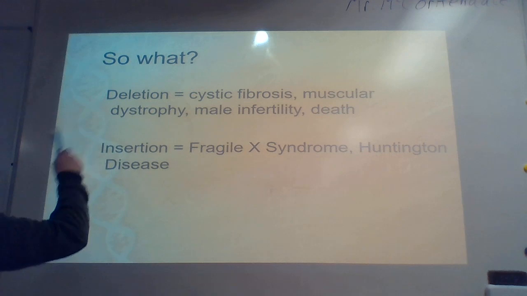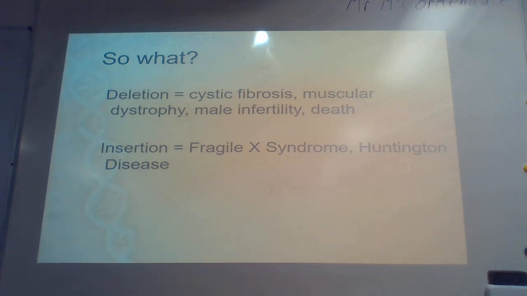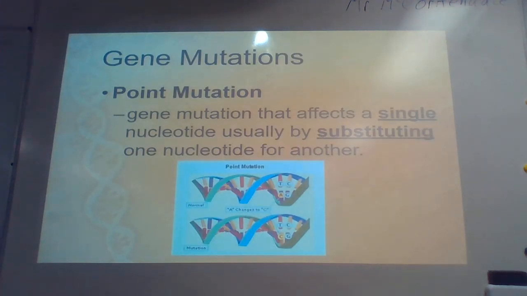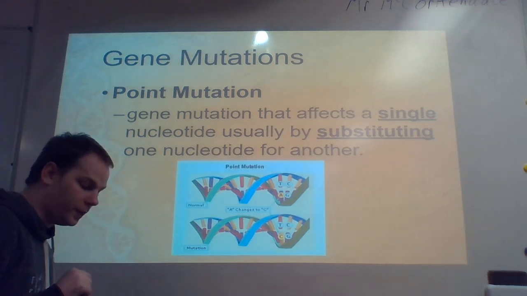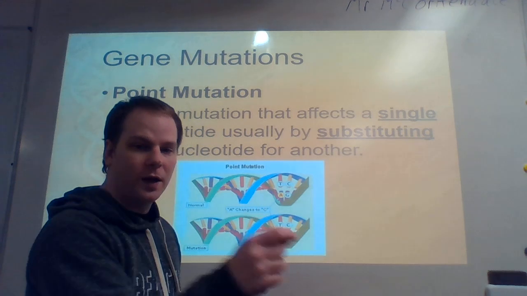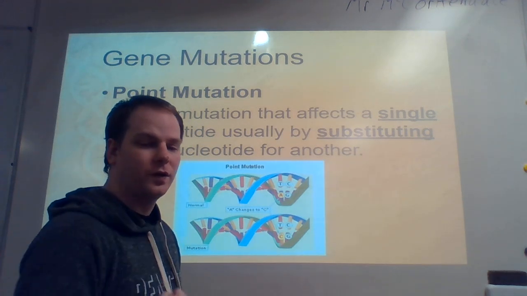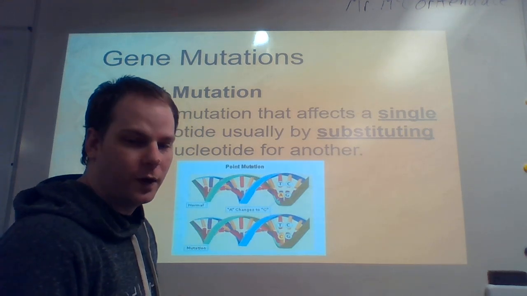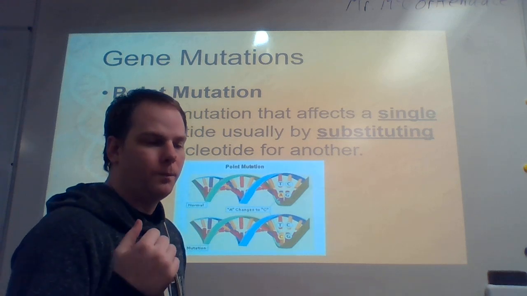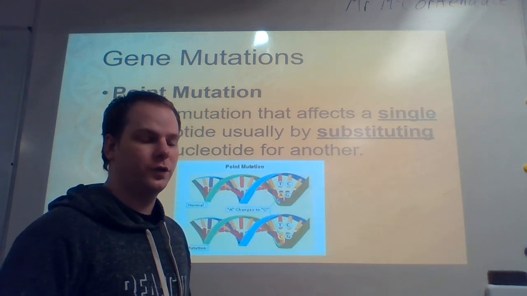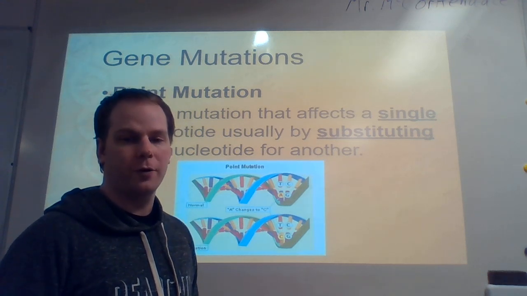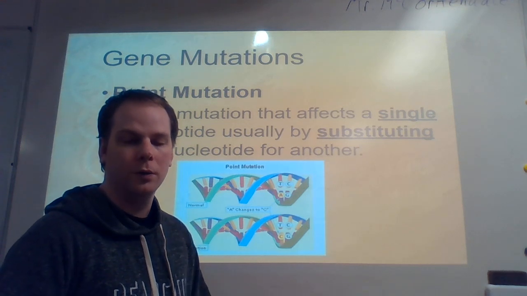So these are some disorders and syndromes that we associate with deletions and insertions. And the other kind of mutation is a point mutation. Now this is when, rather than sticking something in that doesn't belong or taking something away, it's missing. So instead of, let's say, insertion, you're putting a puzzle together and you've got a piece that doesn't belong.